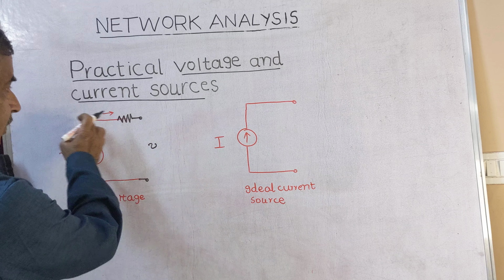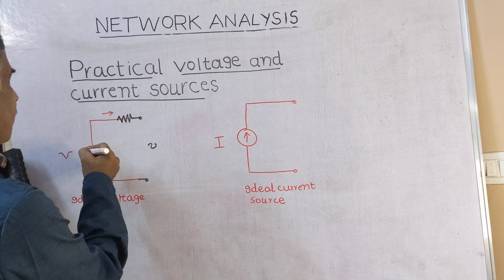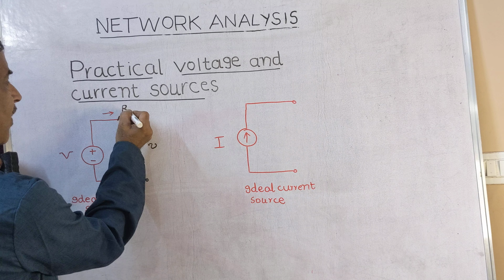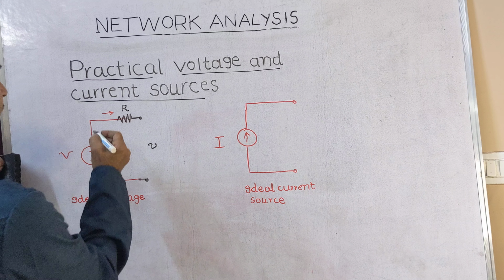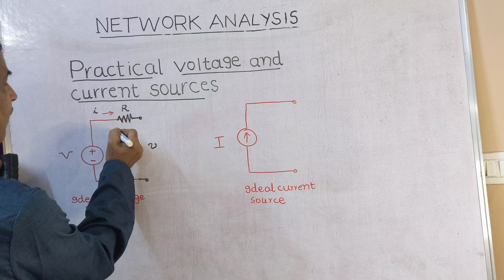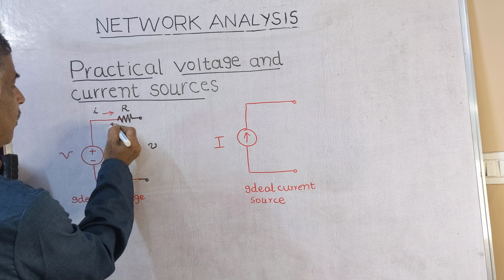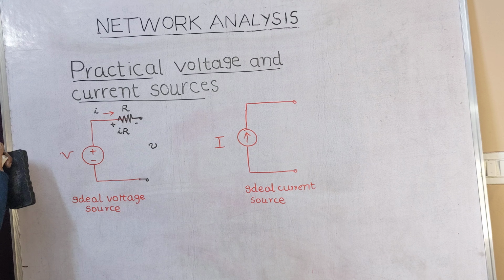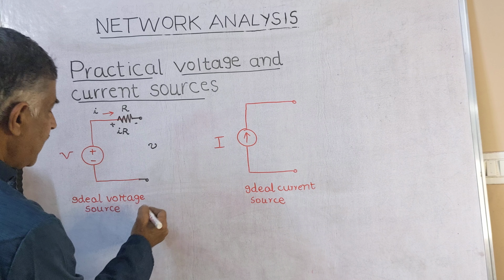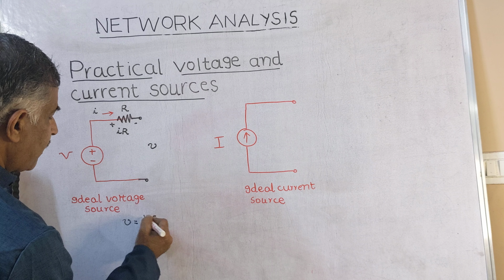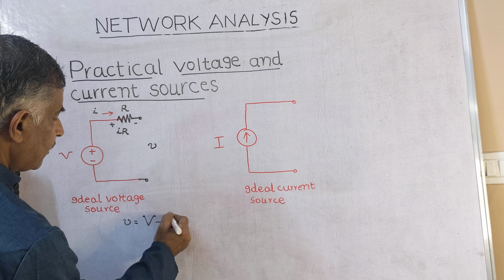As current is drawn from the source, there is going to be some voltage drop. This resistance is R, and if I is the current, then we have to account for a drop IR. Then v is given by v is equal to V minus IR.